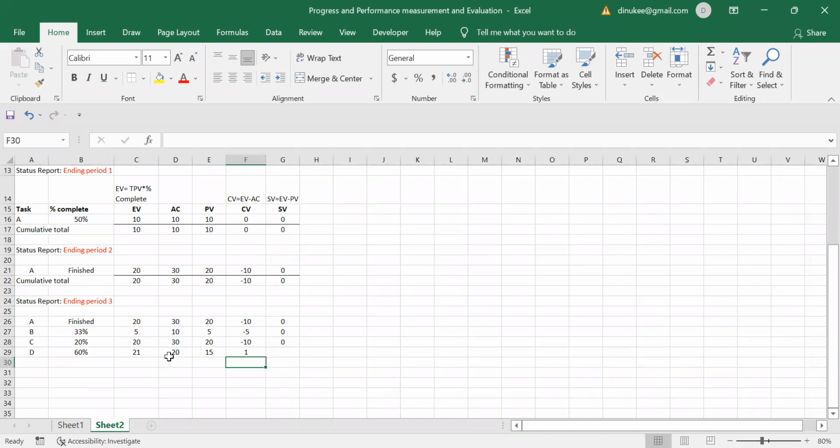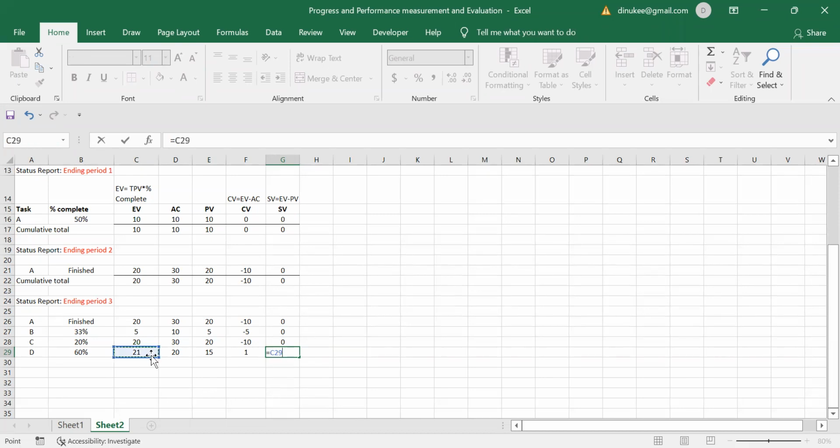So we have actually spent less than the earned value; the actual cost is less by 1. Right? It is good. And the schedule variance: from the earned value, you have to deduct the planned value. It is 6.